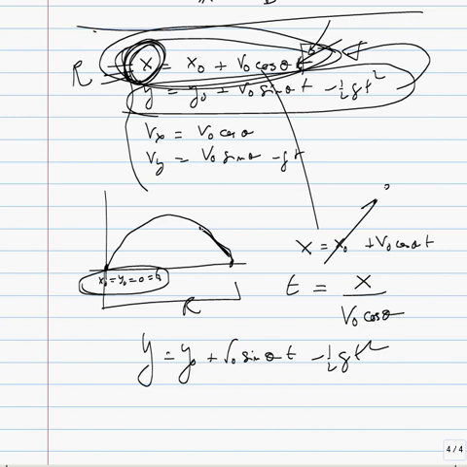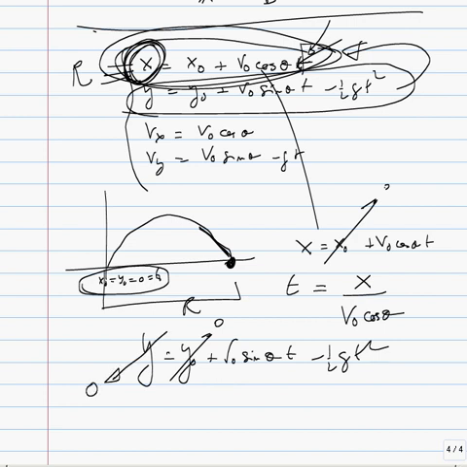I'm making the assumption that I centered my coordinate system at t equal to 0, x naught equal to 0, and y naught equal to 0. This allows me to simplify this term and this term. And more importantly, I'm considering the case where my starting and ending points are level, which means that at this point, the point of interest to calculate the range, y is also equal to 0.